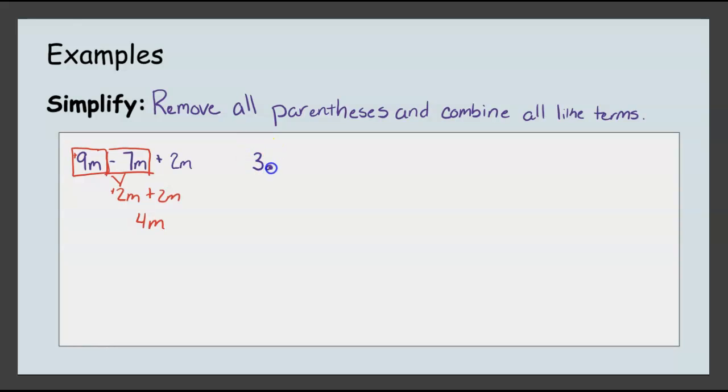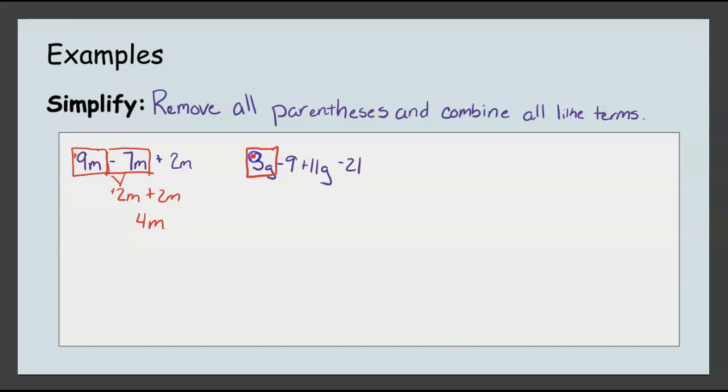Here I have 3g, subtract 9, that's a 9, plus 11g minus 21. I'm looking to, first of all, remove all parentheses. Not a problem. Combine all like terms. Okay, like terms. I'm going to start with my variable. I'm going to go ahead and box these so I can find them. I have a 3g. What type of g is that?